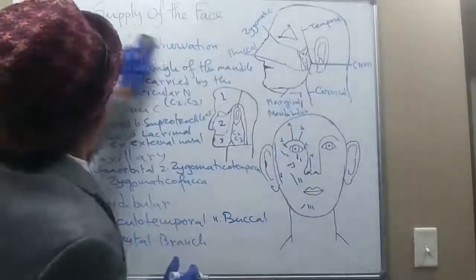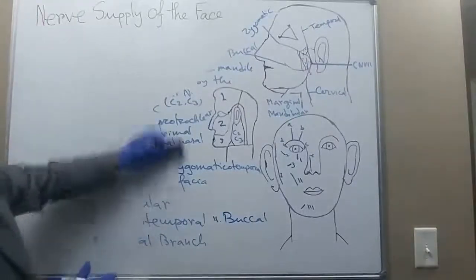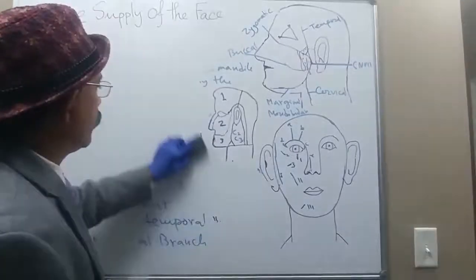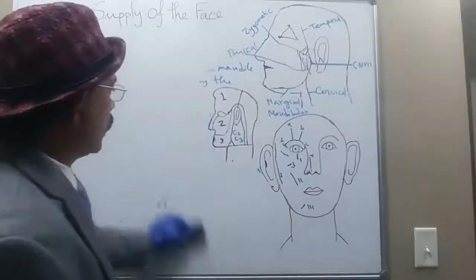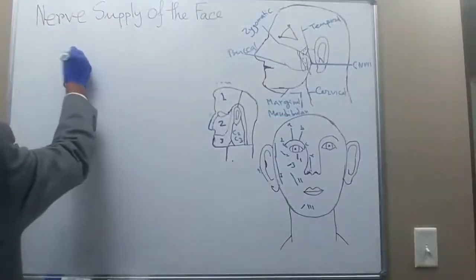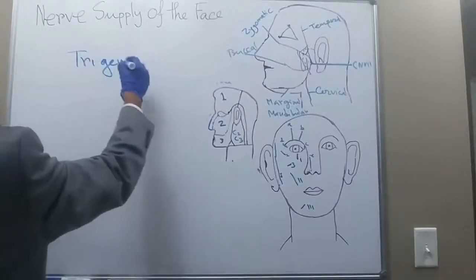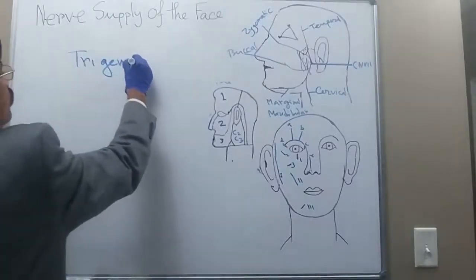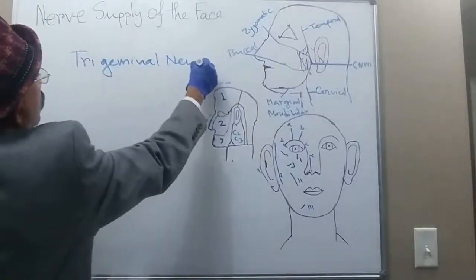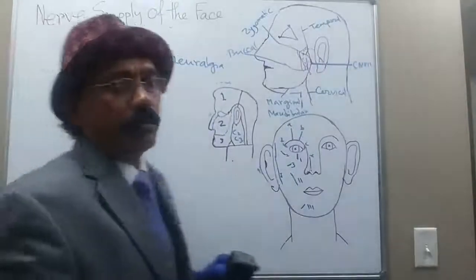Now we'll go to the applied anatomy or the clinical anatomy in relationship to that of the trigeminal nerve. Okay, we'll get a term called trigeminal neuralgia. We'll go in details in our next video. We don't know the exact cause.